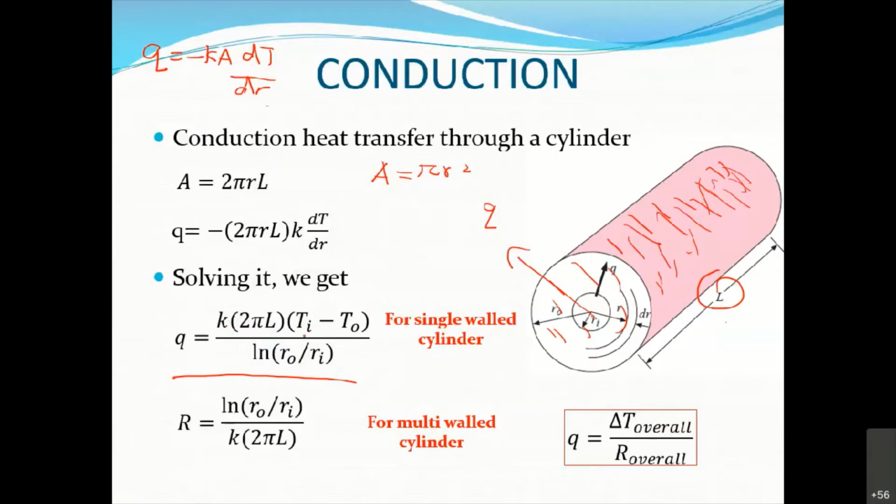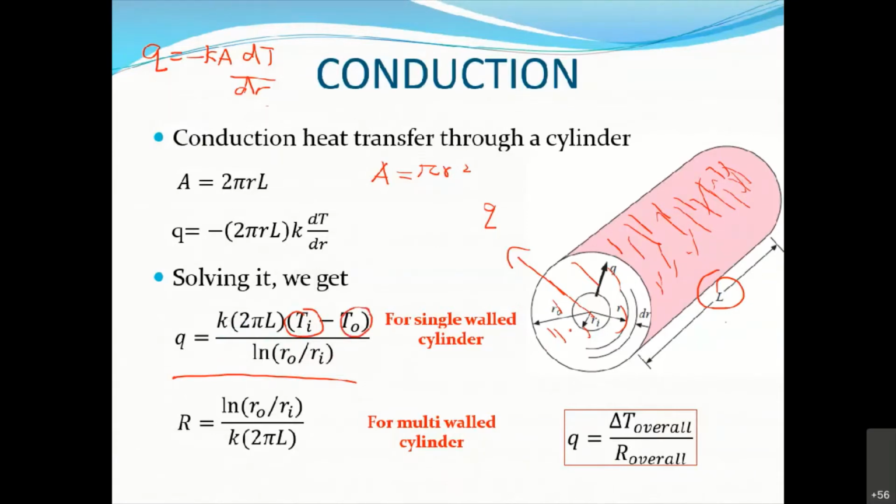K is again the thermal conductivity, 2 pi is just a constant, L is the length of the cylindrical tube, Ti is the temperature inside, To is the temperature outside.